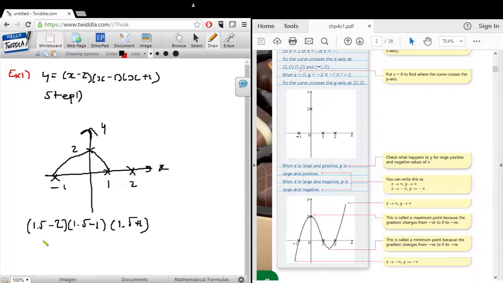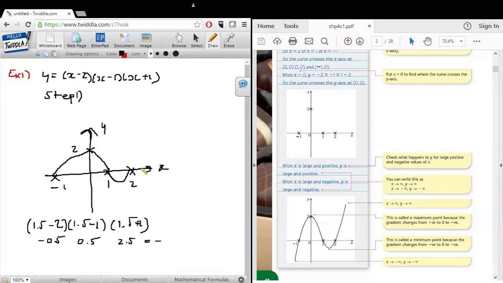Suffice to say, we'll have here minus 0.5, here 0.5, and here 2.5. The main reason for doing this is to figure out whether it will be positive or negative, and you can see that this will be negative. So that indicates that the line actually drops, and then it'll come back up here.